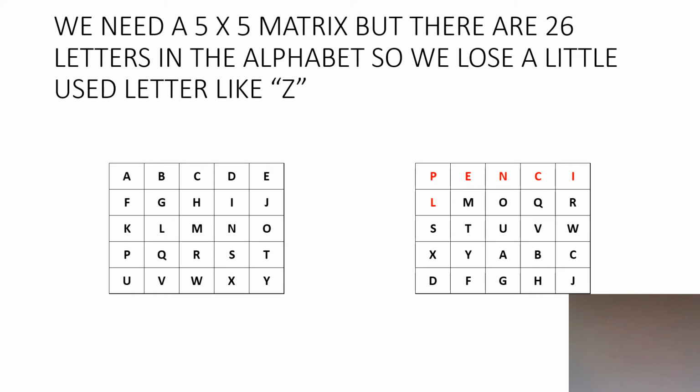Then we go on to O because we've already got an N in pencil, then Q, R, S, and so on and so on. When we get down to Y, we then start at the beginning of the alphabet, A, B, C, D, no E because there's an E in pencil, and then F, G, H, J, and no I because there's an I in pencil. Okay, so that's the matrix that we're going to use.